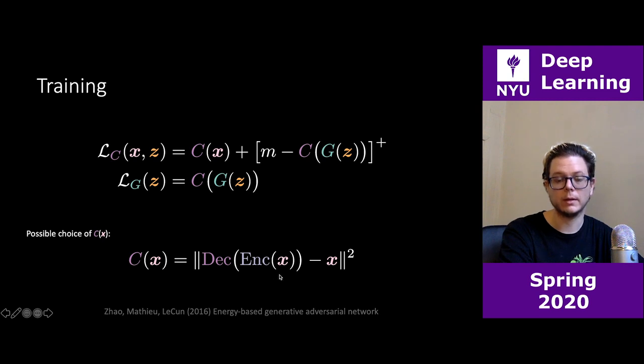The nice part of this specific choice of cost network is that you can train this autoencoder without the generator, right? You can simply train an autoencoder, whatever. You can have an undercomplete hidden layer, or overcomplete, and you use some kind of regularization and information restriction bottleneck.